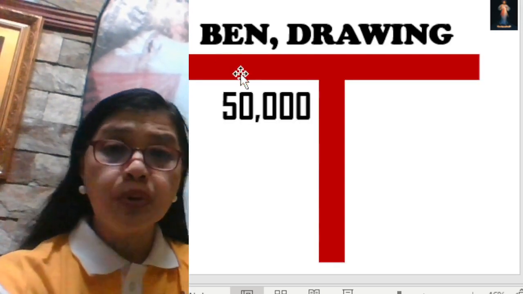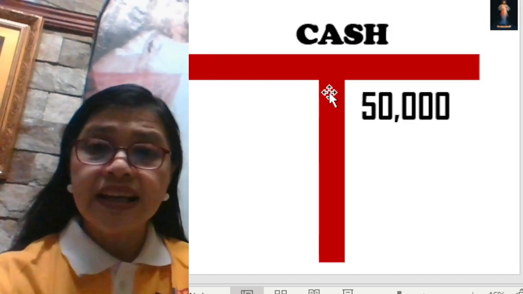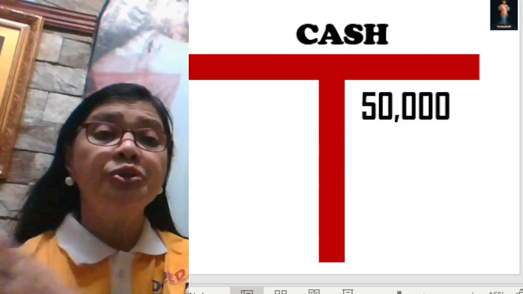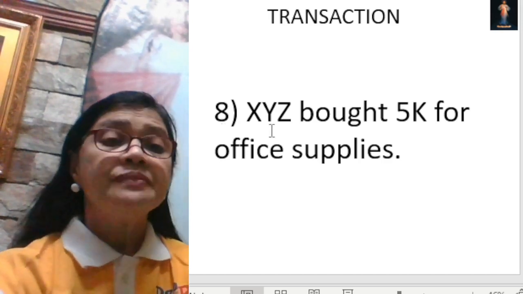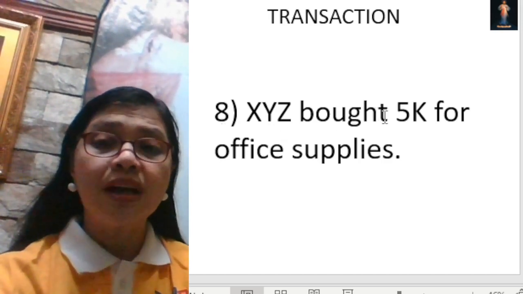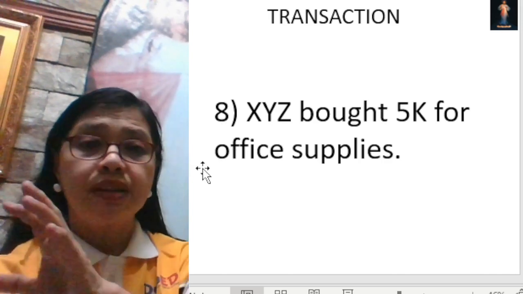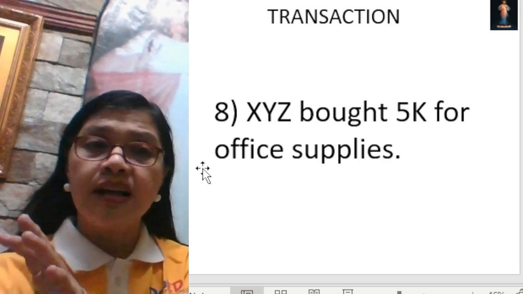Okay. So Ben drawing is a debit side. And cash again of 50,000. Reduction in the cash, so you credit your cash. Now, last transaction, I think, XYZ bought 5,000 for office supplies. So when XYZ bought office supplies, what does it mean? What are the transactions affected?